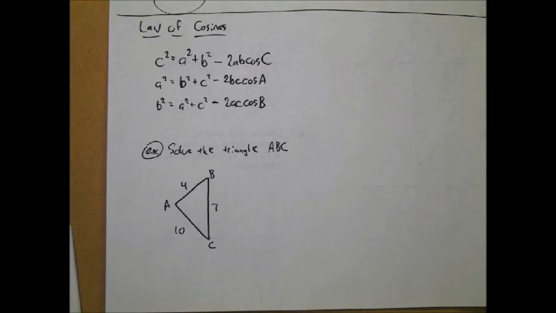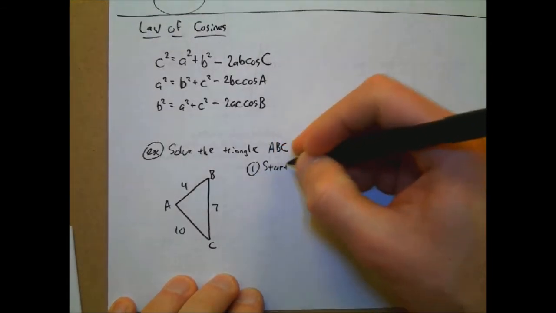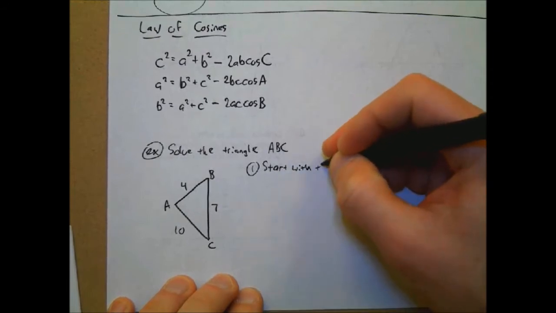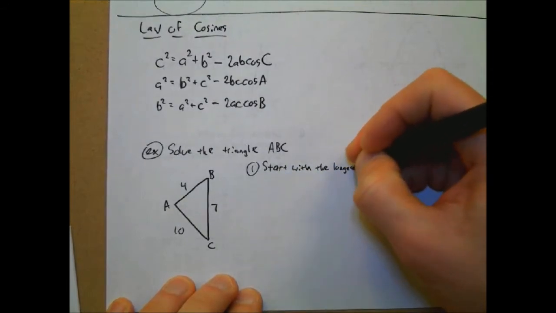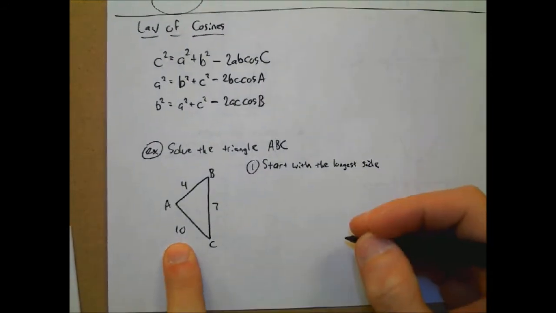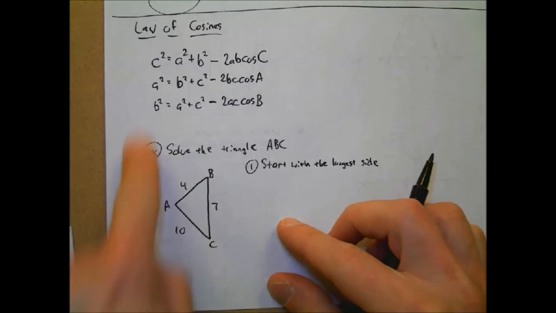So instead, we're going to use law of cosines here first. I'm going to start with the longest side, so that's going to be the 10. The 10 guides which formula I use.